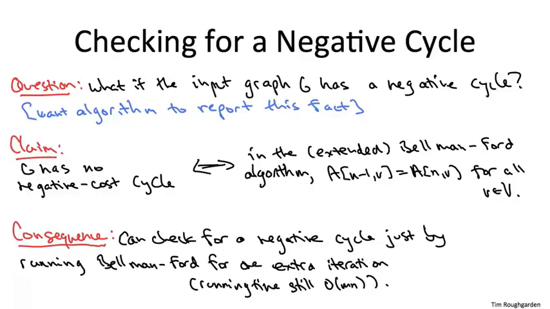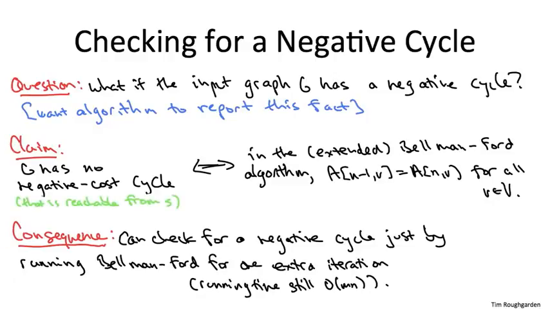One way to see that would be a degenerate instance where the source vertex S has no outgoing arcs at all, and maybe the rest of the vertices form a negative cost cycle. In that kind of graph, the left-hand side of this claim is false, but the right-hand side of this claim is satisfied. So to modify it for graphs that may have some infinite distances, I'm just going to modify the left-hand side to say G has a negative cost cycle that is reachable from the source vertex S.